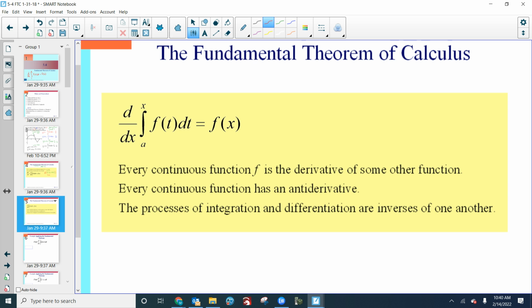You don't need to write this down. Every continuous function f is the derivative of some other function. What does that mean? What are the implications of that? Every continuous function f is the derivative of some other function, meaning every continuous function has an antiderivative.